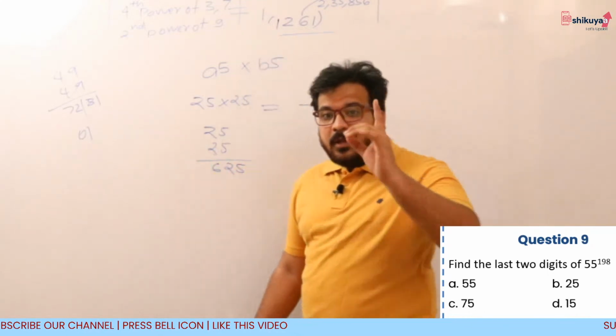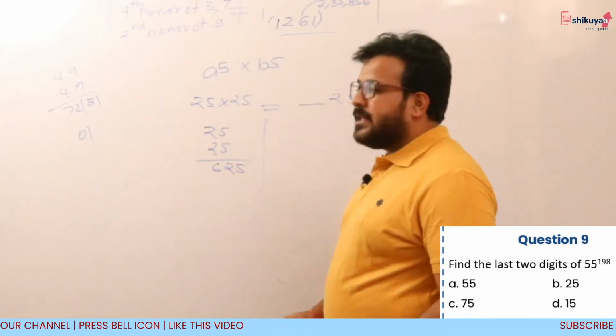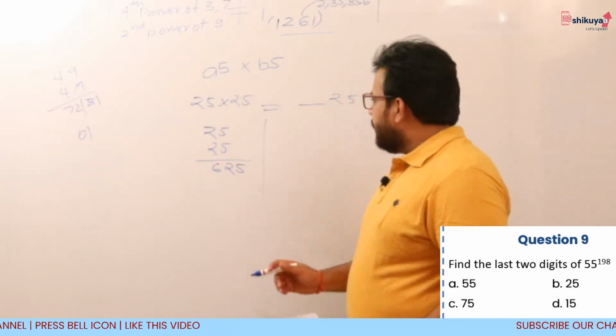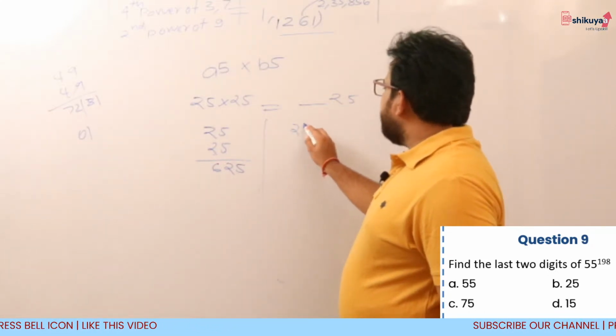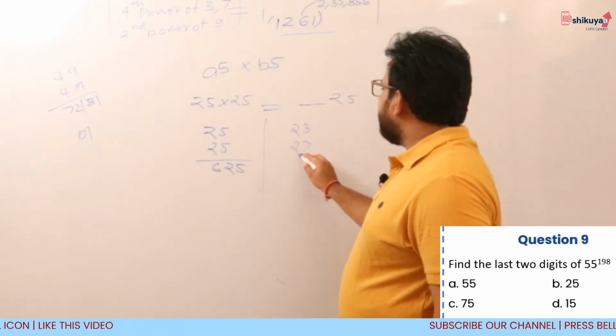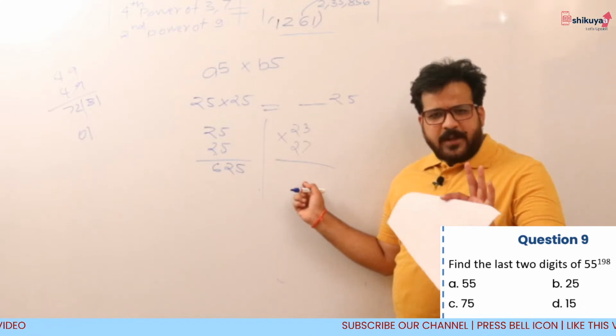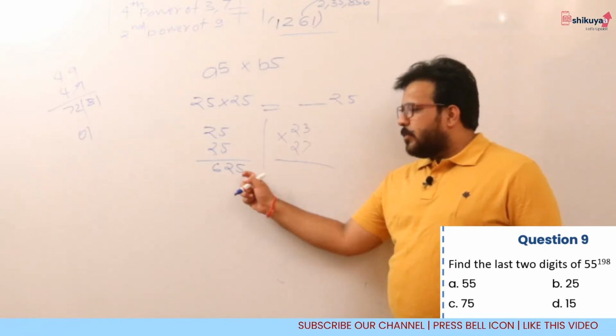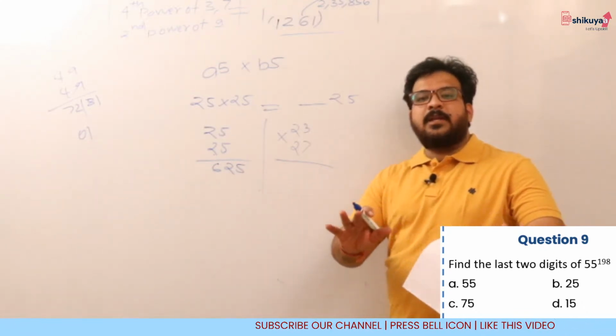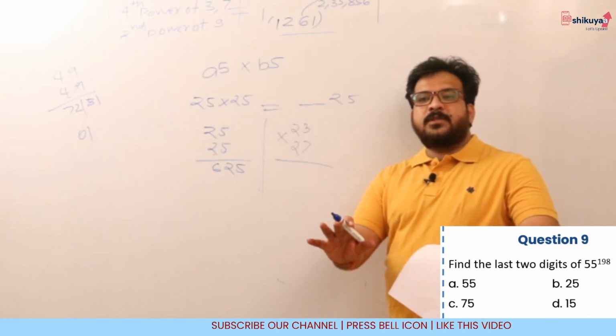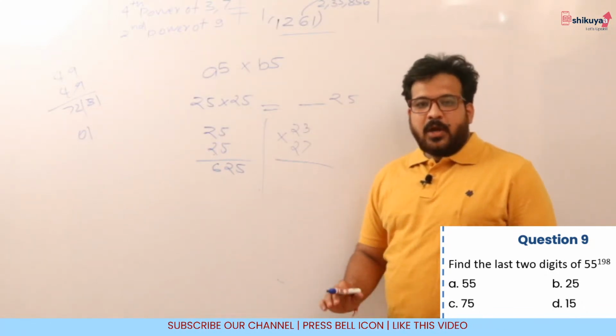You will learn, because the interesting part is, just to give a glimpse to you, if I write 23 and 27, and if I want to multiply these two with each other, look at this very carefully, because these two multiplications belong to the same family of known numbers. Look at me.